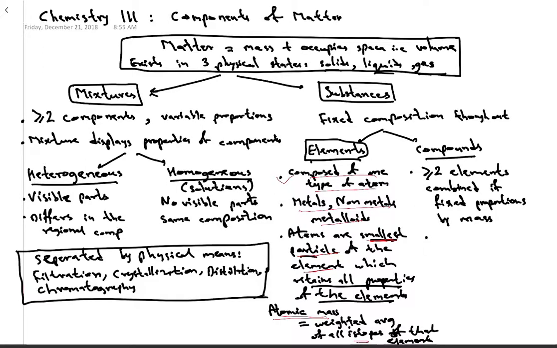The other important thing is a mixture also has two or more components, but the difference between a mixture and a compound is that the mixture will show properties of both of its components, whereas the properties of a compound will differ from its component elements.